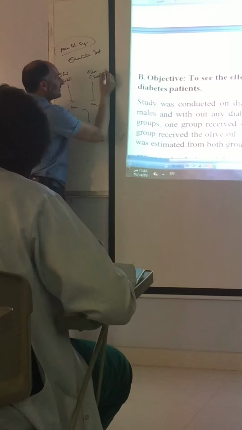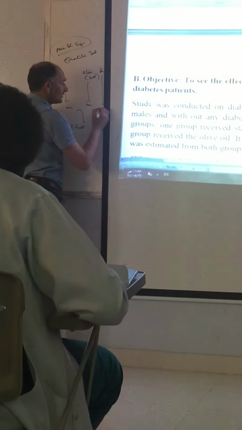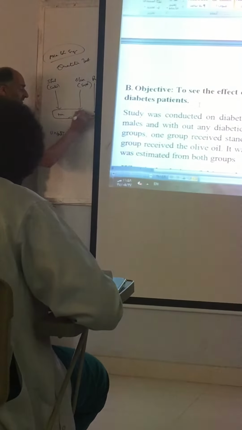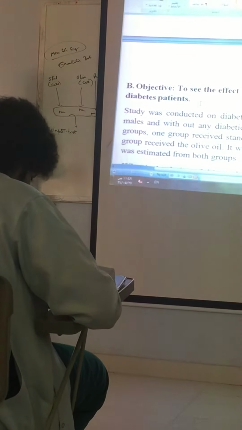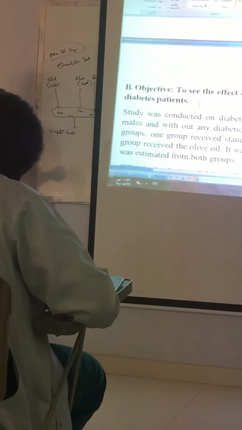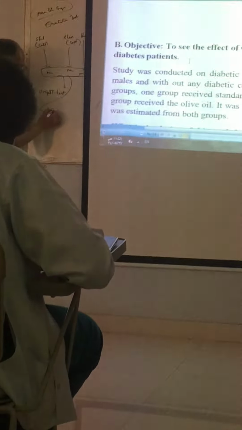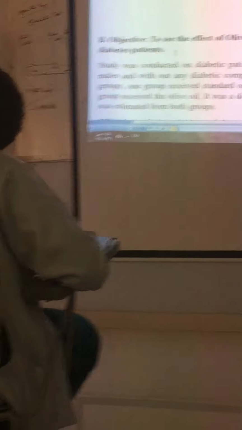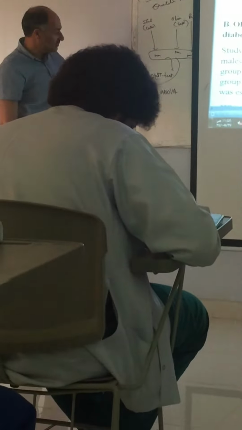If there is a placebo group also, now there are three means. How will they check it? It becomes ANOVA, analysis of variance. So this test will be used. If there are only two, then unpaired t-test.